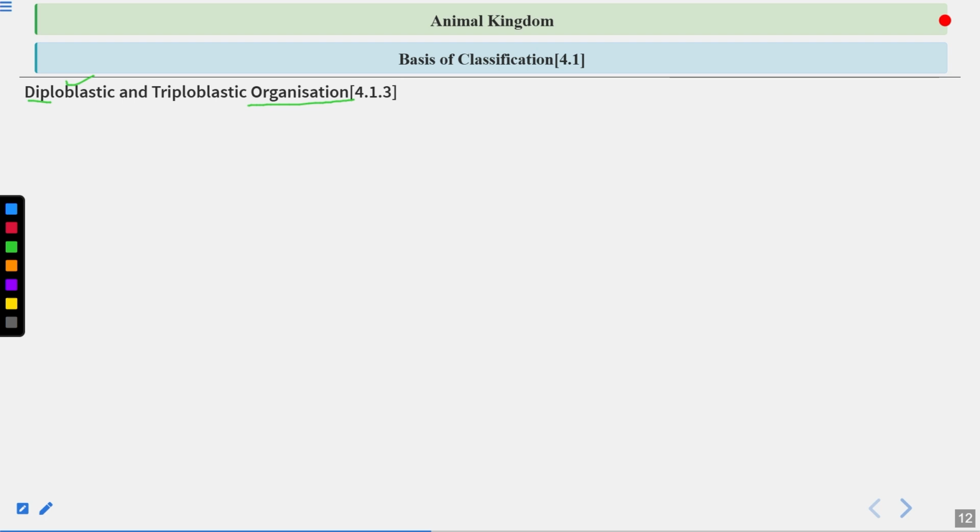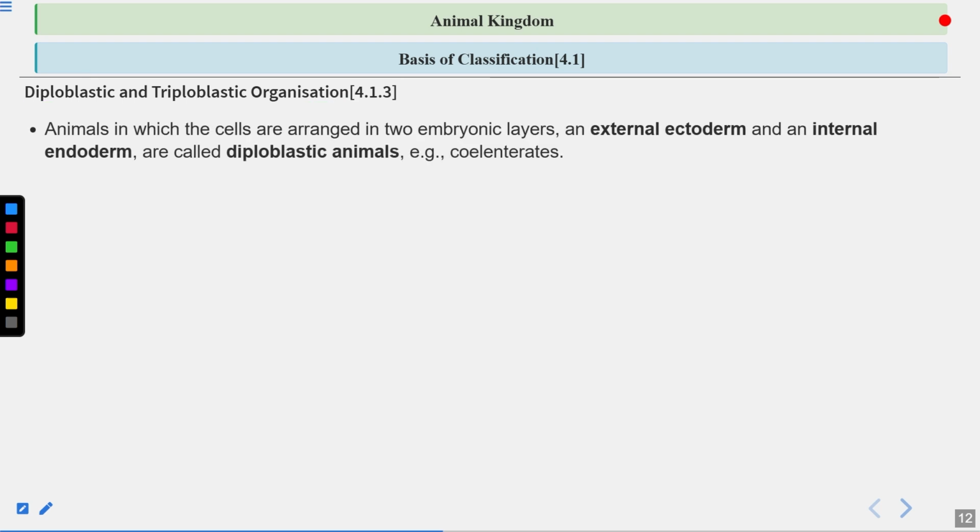Let us see that. The animals in which the cells are arranged into two embryonic layers at the time of embryo formation. The outer or external layer is called the ectoderm, and the inner layer is called the endoderm.